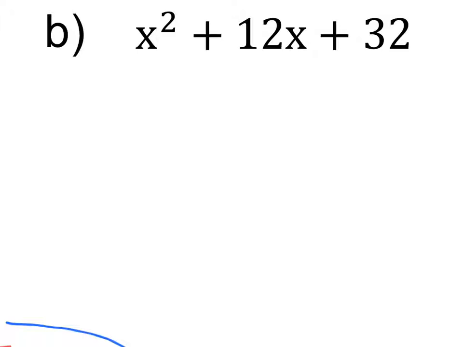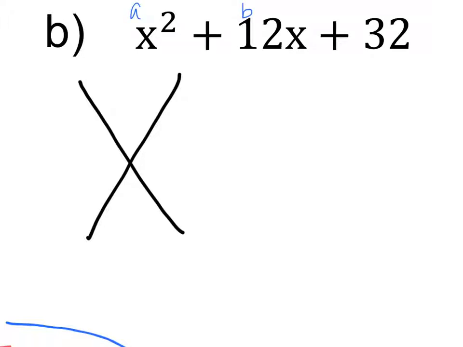First step, is there anything common that can be brought out to the front from all those? No, there's nothing common between all three, because it has to be between all three. So there's nothing common, so now we go straight to our big X. This is A, B, and C. So what is A times C?